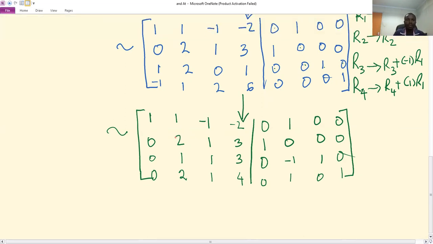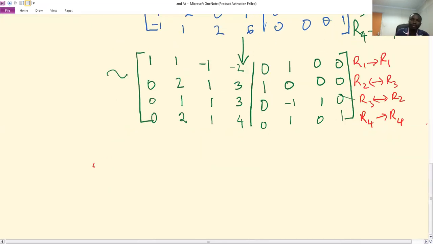Now we expect this position to be 1. Because we can see a 1 here, let's switch the roles of row 3 and row 4, which doesn't affect the operations. Row 1 remains row 1, row 2 is switched with row 3, row 3 is switched with row 2, and we keep row 4 as row 4.